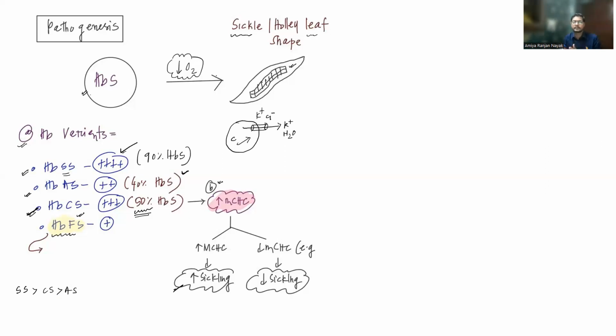But till 6 months of life, you will have some amount of hemoglobin F. That's why till 6 months of life, these patients are usually not symptomatic, and after 6 months they start becoming symptomatic. So the affected child will be asymptomatic till 5 to 6 months of life.